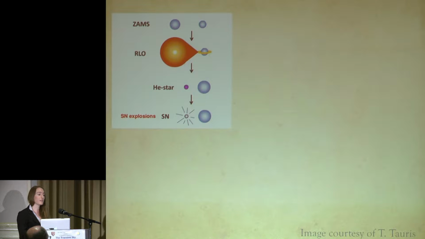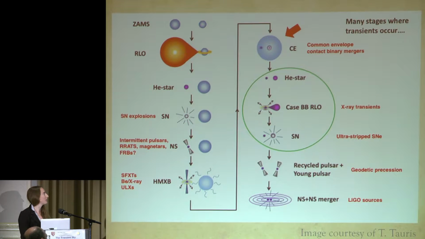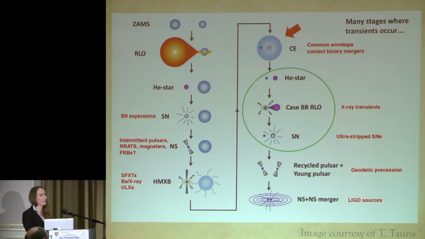So we may be entering a regime where you have to push it and strip the star even more. One possible way to resolve this is to take this same scenario, but now you have two high mass stars that will eventually explode as supernovae, and then this scenario really continues after that evolution. So you go through a lot of different processes, common envelope evolution, very scary. But at a certain point, you can possibly, in some cases, go through another case of Roche lobe overflow from the secondary star back onto the compact object.